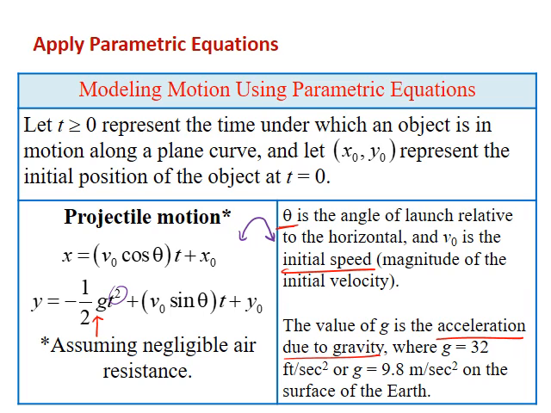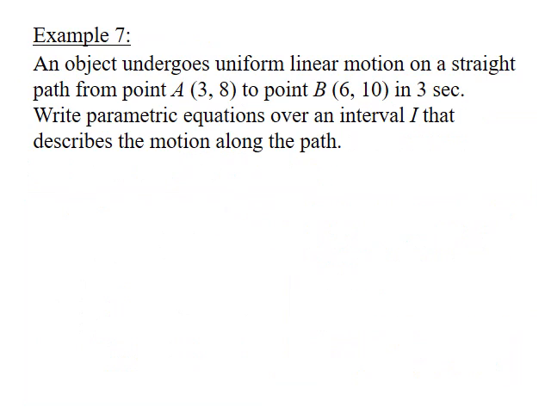And depending on if we're given information in meters or feet, we'll use a different number. Okay, so we're going to take these two different models and do a couple examples, one of each.